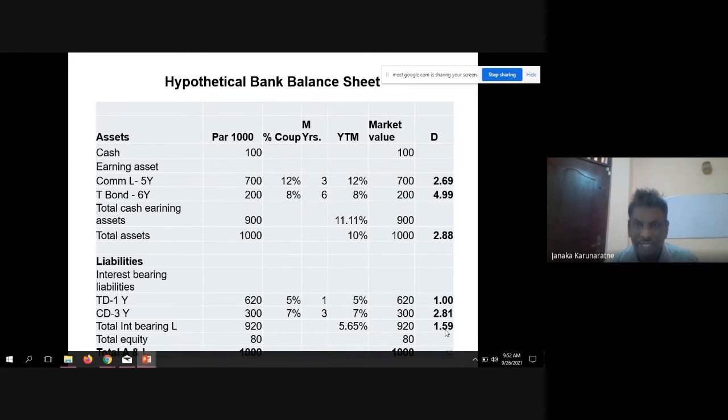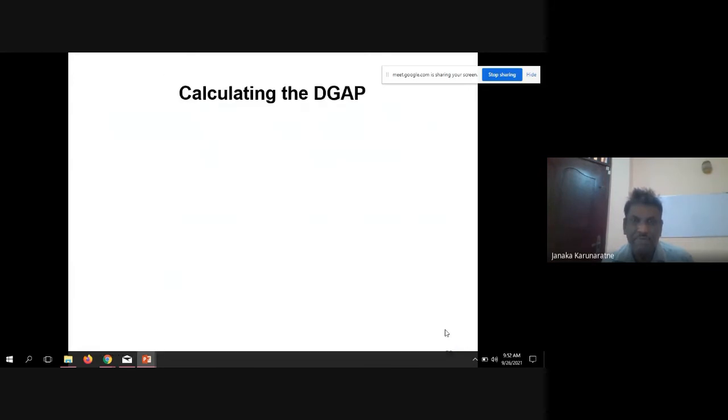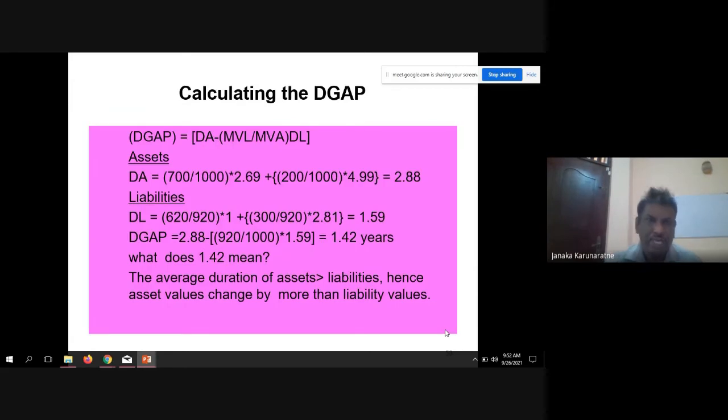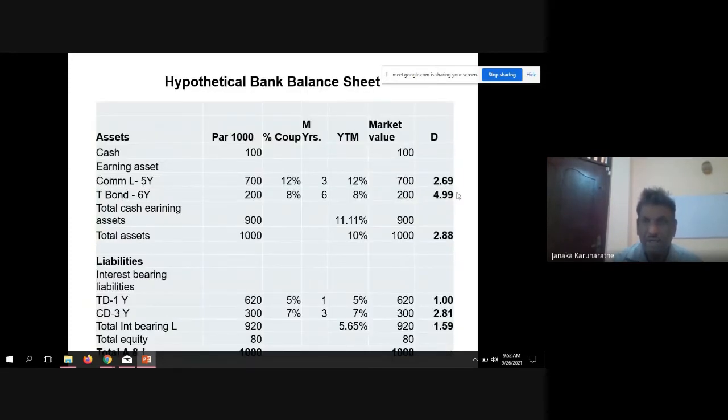So let's look at the duration model and compute the duration gap. Okay, so how did you get 2.88? 2.88, remember this one. How did you get this one? It's the weight of this one.